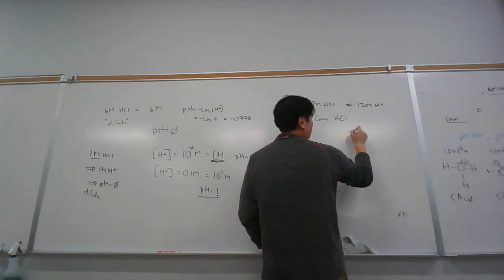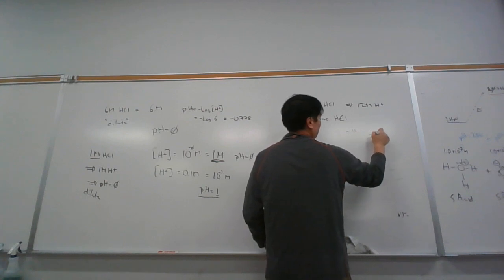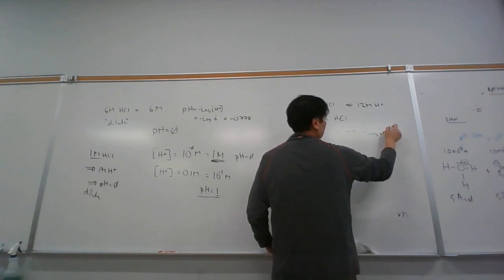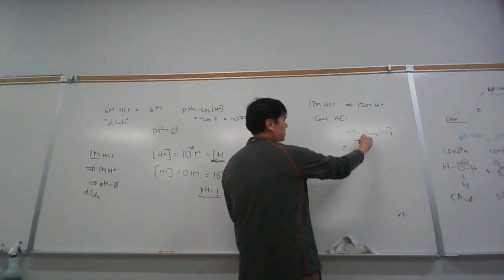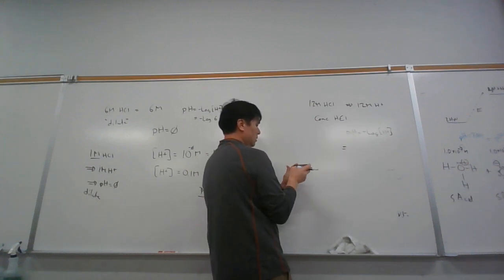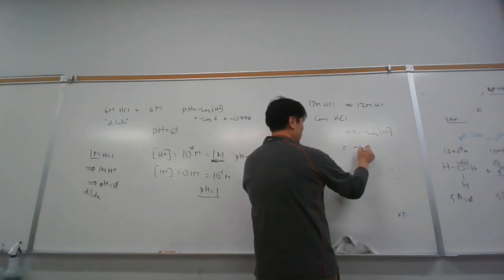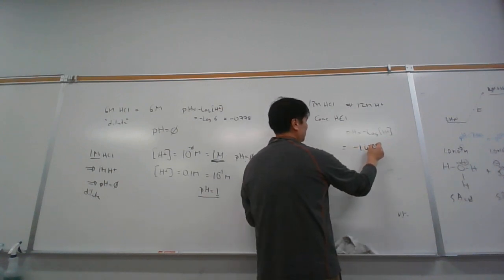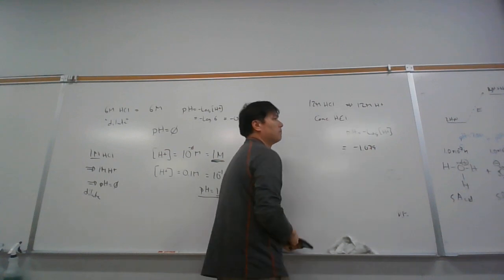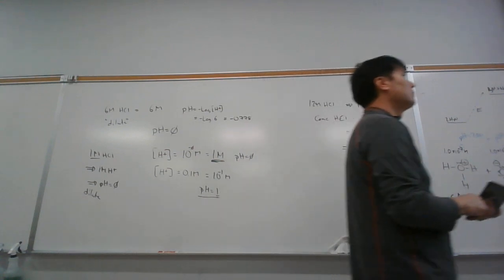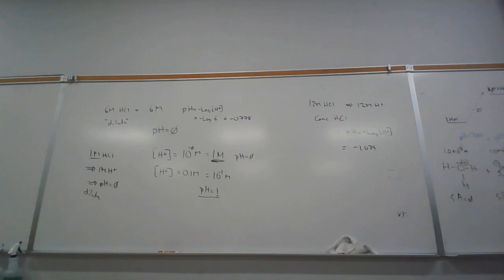And so the pH is equal to the negative log of the H plus concentration. So for 12, this gives us a pH of negative 1.07.